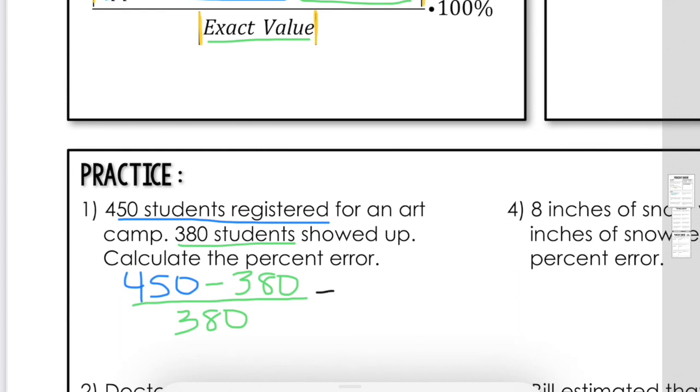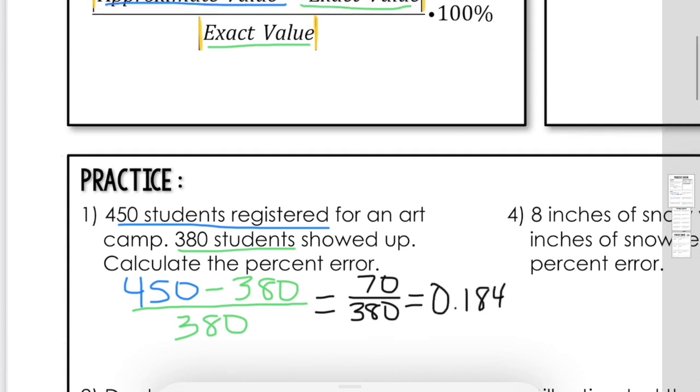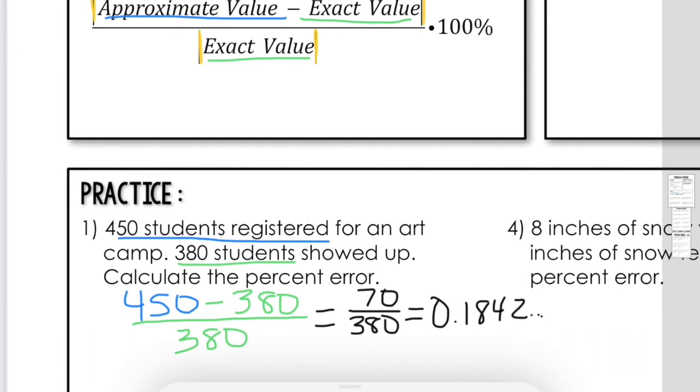Okay, so 450 minus 380 would be 70. And then we need to divide that by 380. So 70 divided by 380, and you'll get 0.1842 and some more numbers.